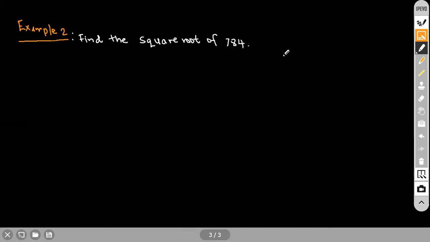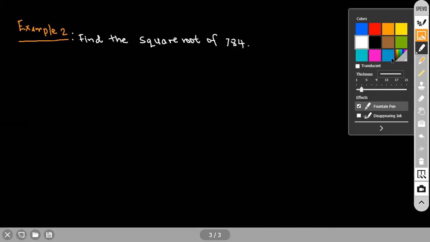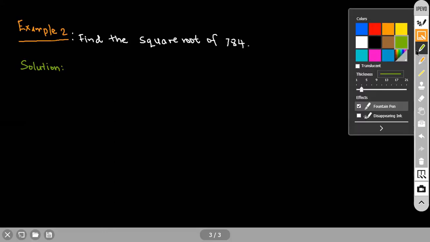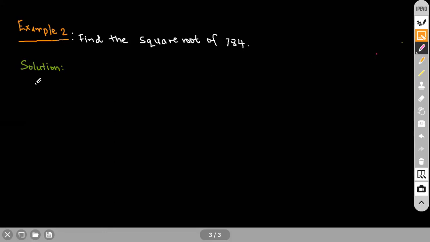Okay, so like we have done already, we are going to factorize 784. Let us divide it by 2, and this will give us 392.